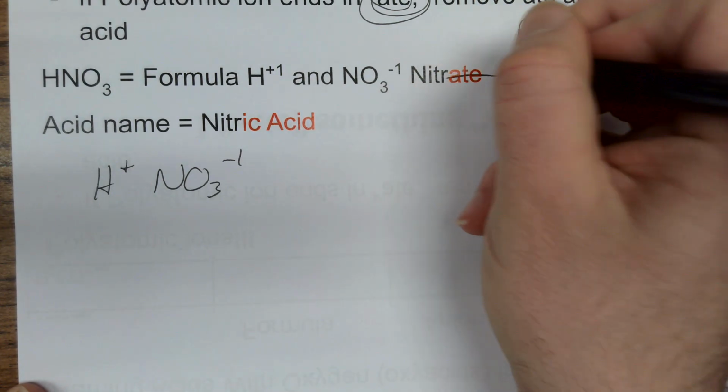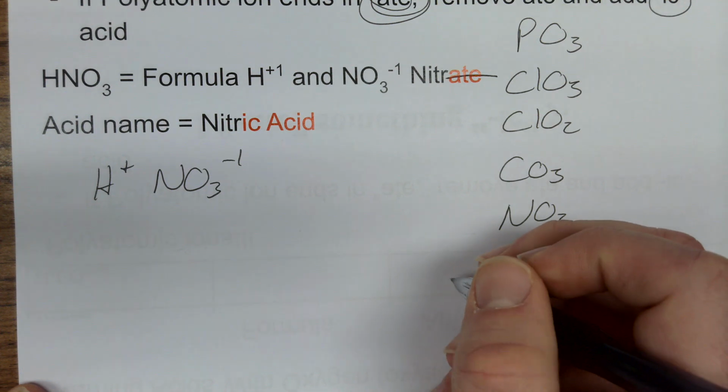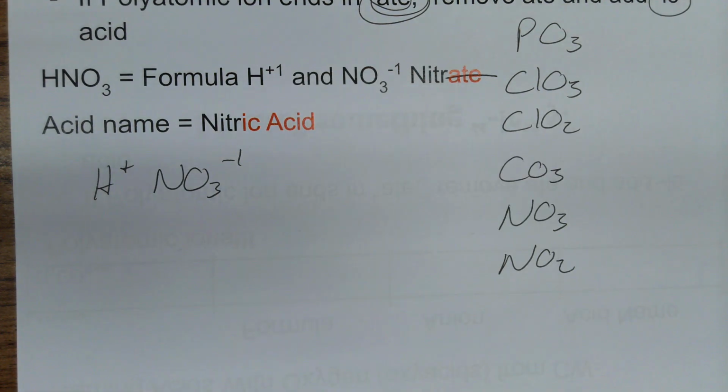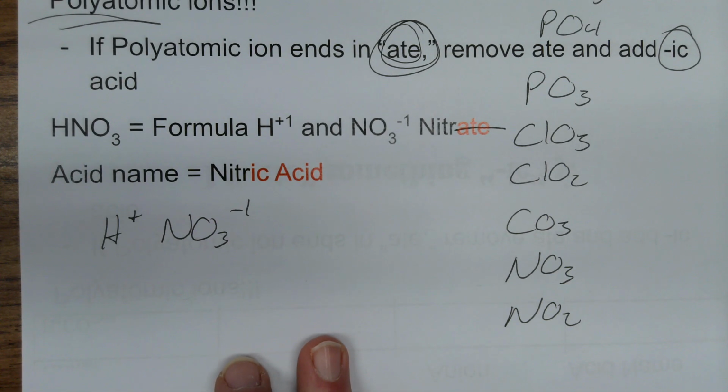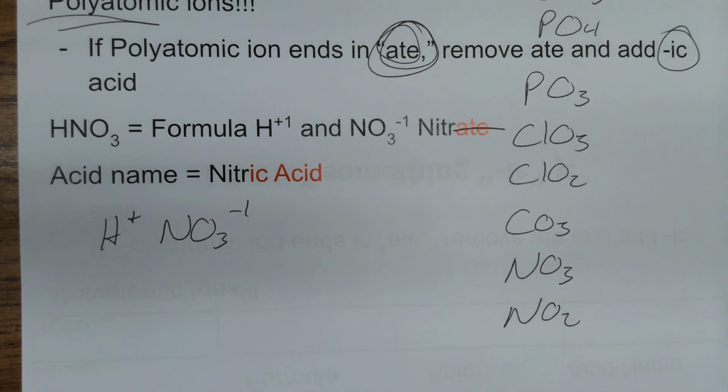I cut off the ate, and the acid's name is nitric acid. I ate something icky. It's important for us to know our polyatomic ions. Because I'm dealing with an ate, the naming scheme is different. If I'm dealing with an ite, the naming scheme is different.